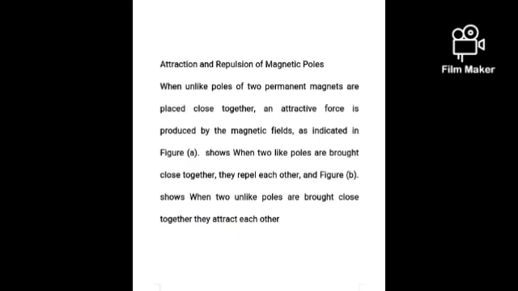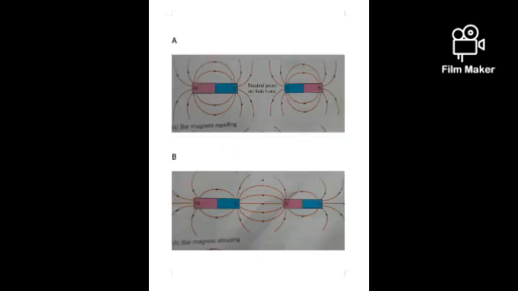Now what happens when you have north and south, and south and south, brought together? When unlike poles of two permanent magnets are placed close together, an attractive force is produced by the magnetic field, as indicated in figure A. We are told that when two like poles are brought close together, they repel each other, and when two unlike poles are brought together, they attract each other.